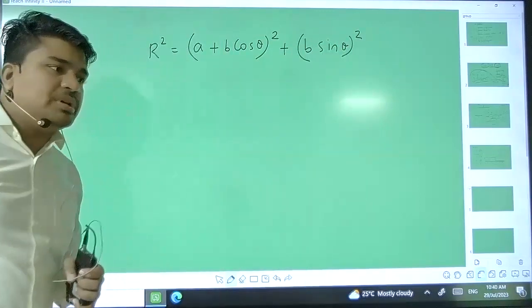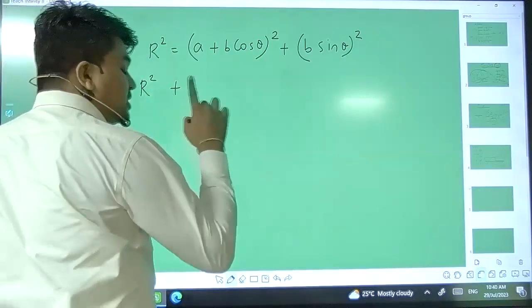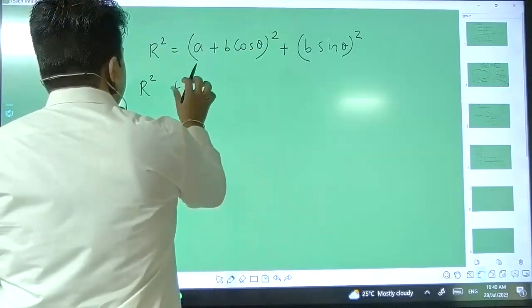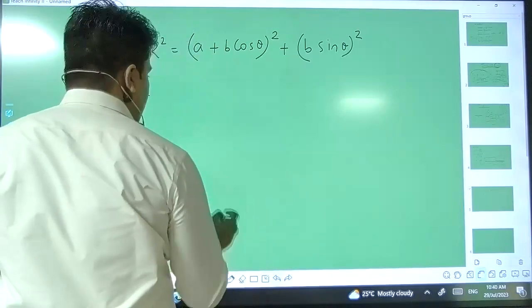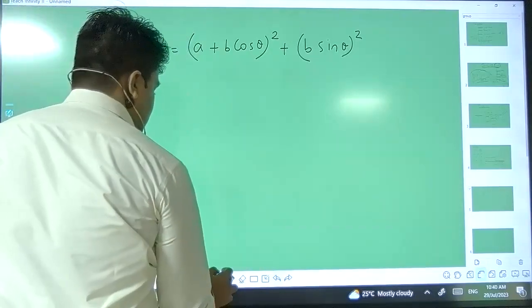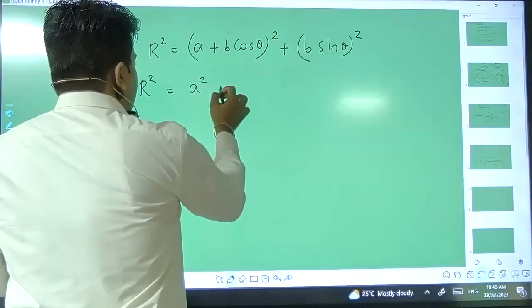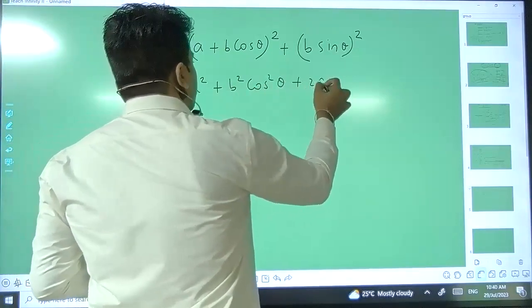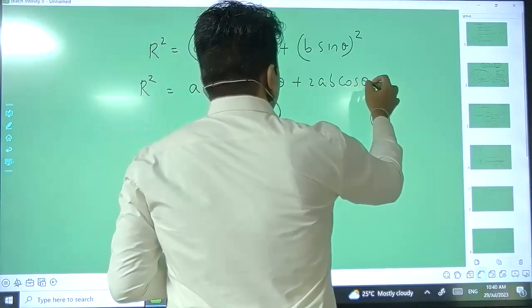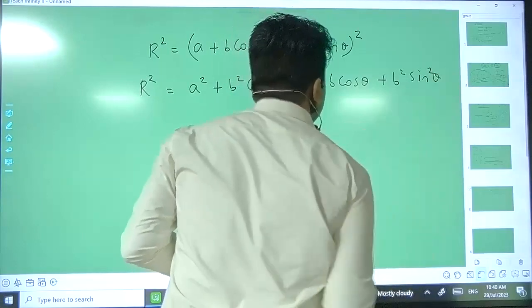And we have to open this, correct? And what is the formula of (A plus B) whole square? Simply A square plus B square plus 2AB cos theta, plus B square sin square theta.